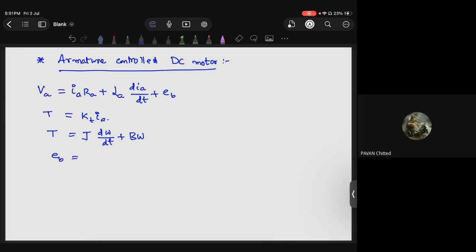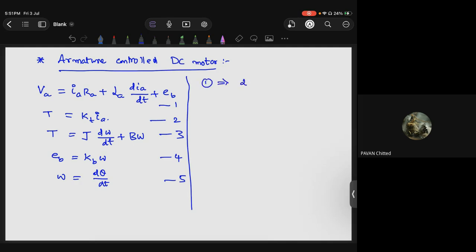Then the back EMF, Kb omega, and finally the angular velocity, d theta by dt. These are the differential equations we have. We start with them one by one, numbered 1, 2, 3, 4, and 5. So we start with equation 1.